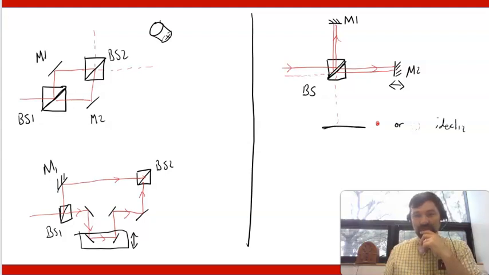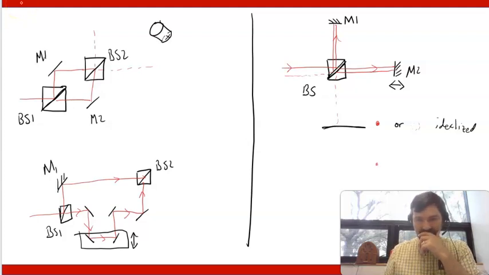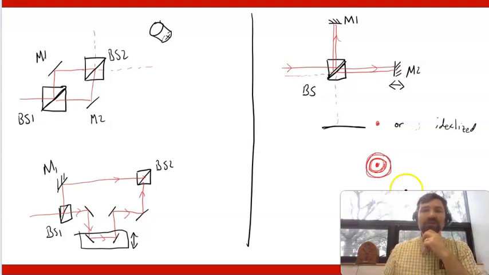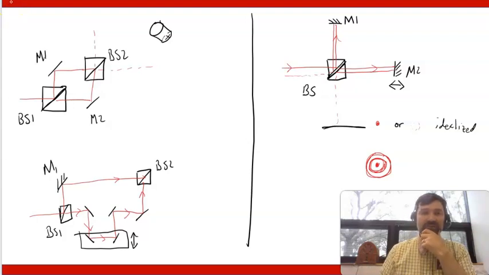Really, what I will end up getting is something that looks more like this. So I get a series of bright and dark fringes that are ring-shaped. So these are my bright and my dark fringes. And I could say or. The or basically just means I flip where bright and dark is.